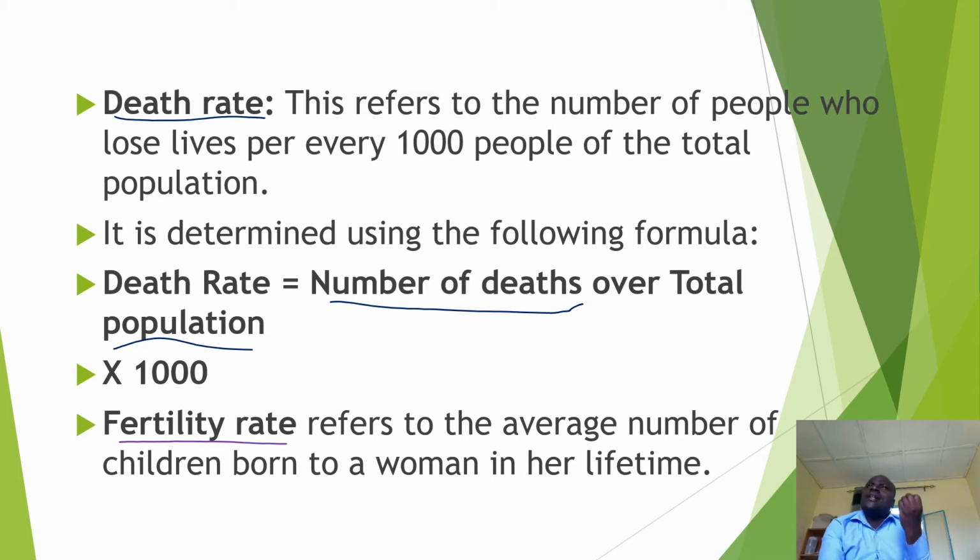This one who has 5 children has a higher fertility rate than the other one who has 2. They are all given the same period of time, 10 years. But in 10 years, wife A has 5 children and wife B has 2 children, which means their fertility rate is not the same.